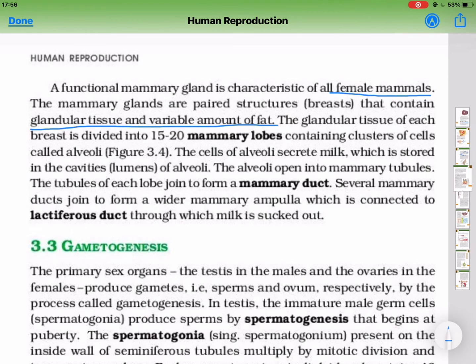The cells of alveoli secrete milk, which is stored in the cavities of the alveoli. The alveoli open into mammary tubules. The tubules of each lobe join to form a mammary duct. Several mammary ducts join to form a wider mammary ampulla, which is connected to lactiferous duct, through which milk is sucked out.